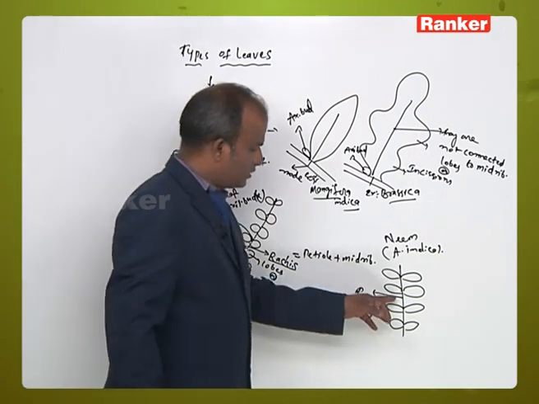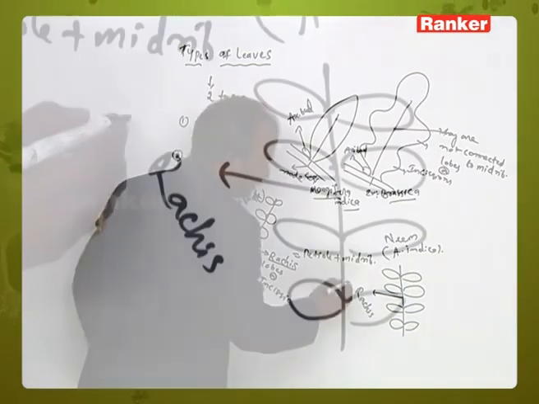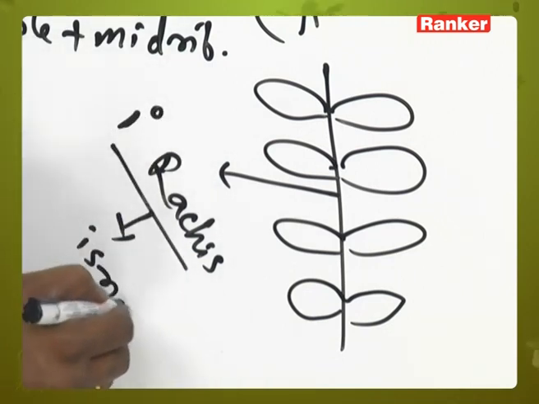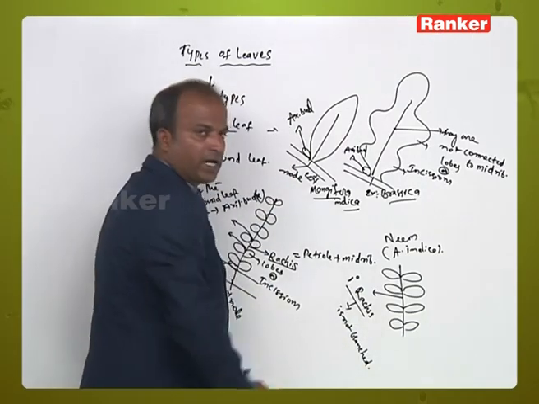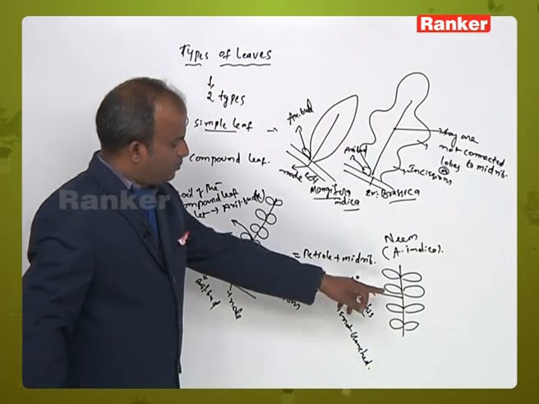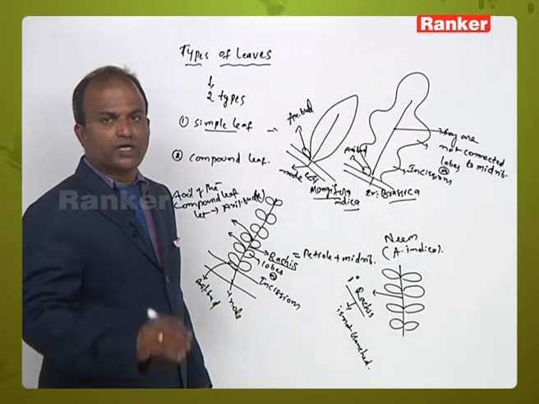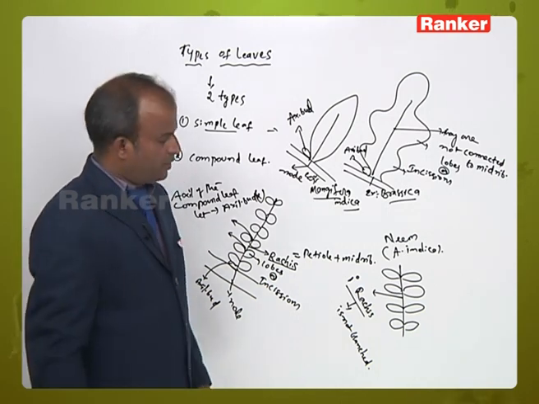This rachis is not branched, so it is called the primary rachis. The primary rachis is not branched. On this primary rachis, leaflets are arranged on either side of the unbranched primary rachis.